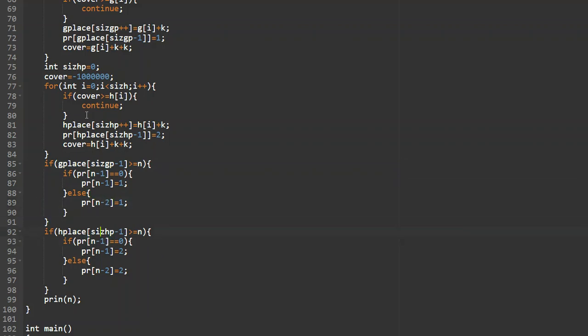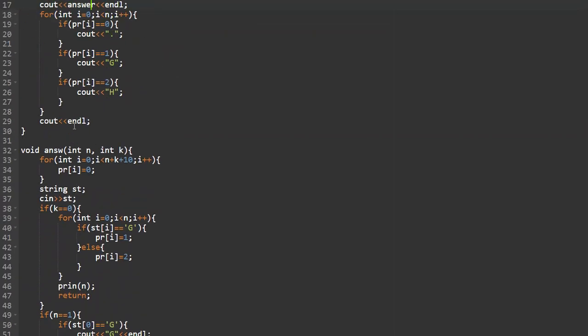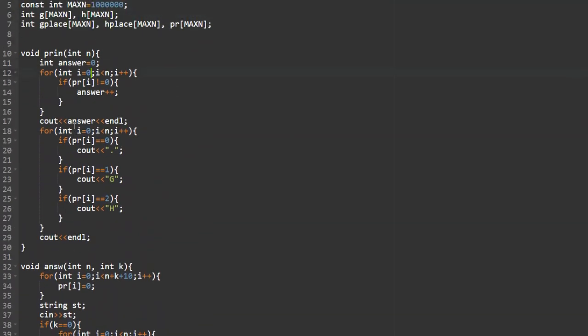And then you check h. If h is outside our range, then you can place it in index n minus 1 or n minus 2. And then you print this. And then the function print is what? You print g and h with respect to what we've calculated by our algorithm.